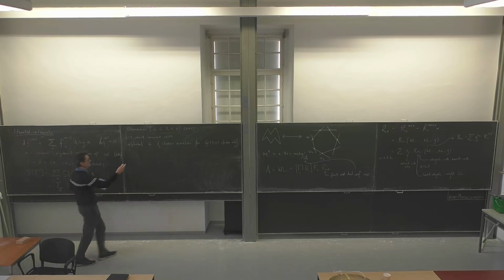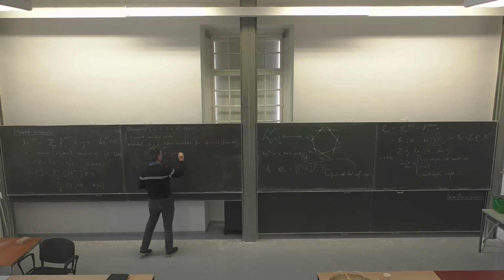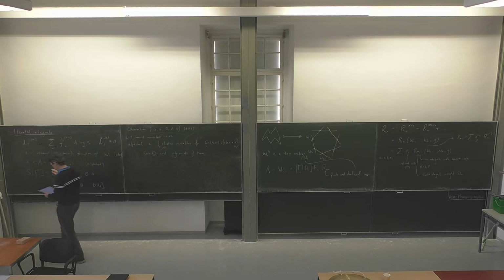So you get polynomials in these Plücker variables A, B, C, D. Certain polynomials. Right, so that's nice.